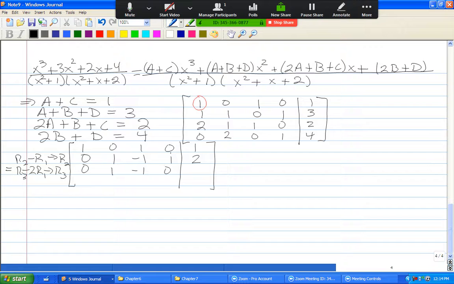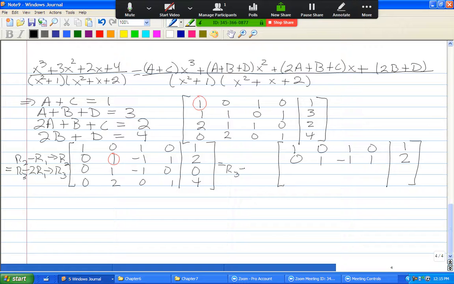Good. 2 minus 2. Okay. Pivot. So 1, 0, 1, 0, 1, 0, 1, minus 1, 1, 2. So let's subtract.